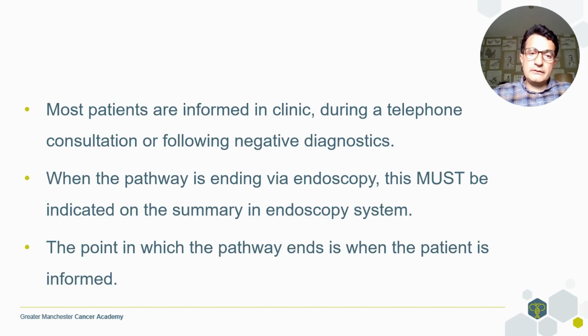Normally, most patients are informed in clinic during a telephone consultation or following a negative diagnostic. But if the pathway is ending via endoscopy, this must be documented in the endoscopy system, and the patient should be informed at the same time.